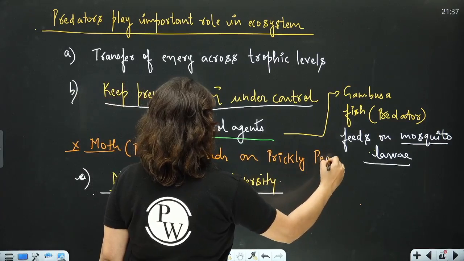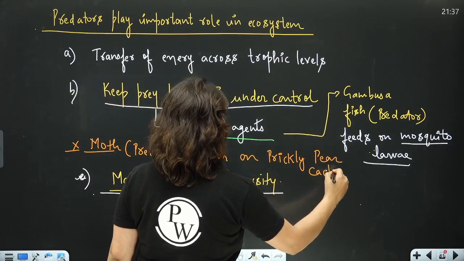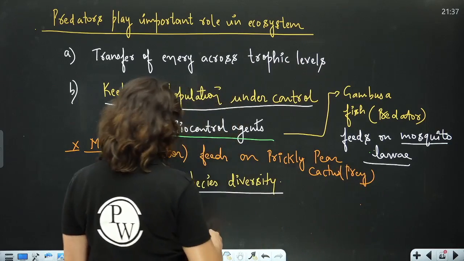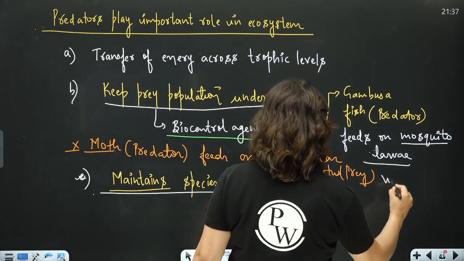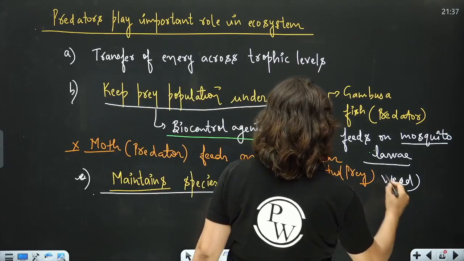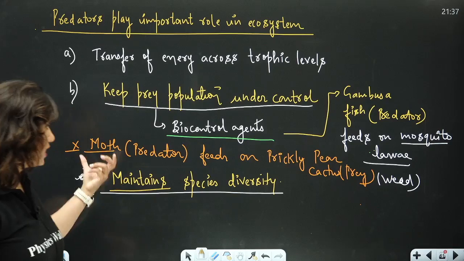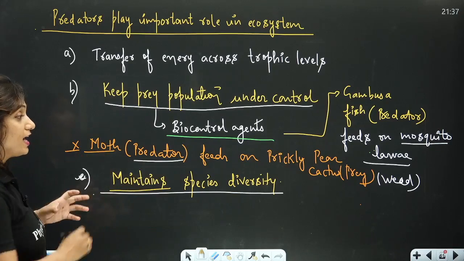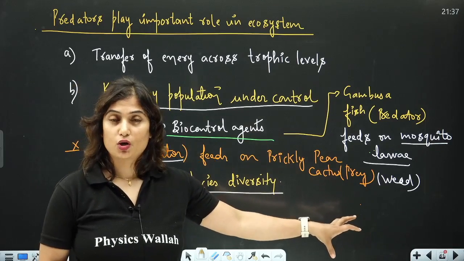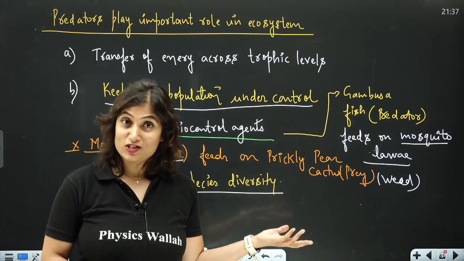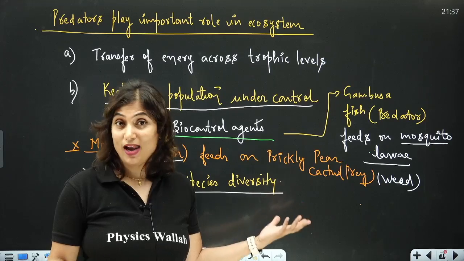Prickly pear cactus is a prey, and it is a problematic weed. This is an unwanted plant. So prickly pear cactus is a prey of what? An insect, that is moth. And naturally it controls the population of this problematic weed. So they can act as biocontrol agents and maintain the ecological balance.